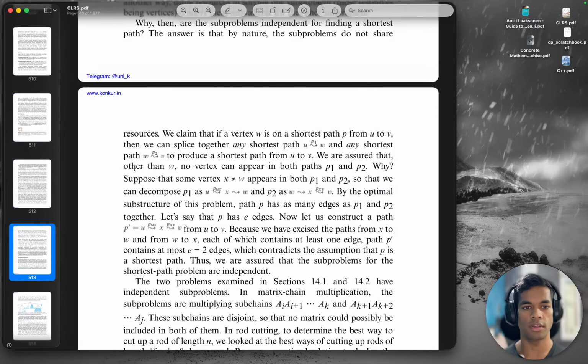We assure that other than W, no vertex can appear in both paths P1 and P2. Why?